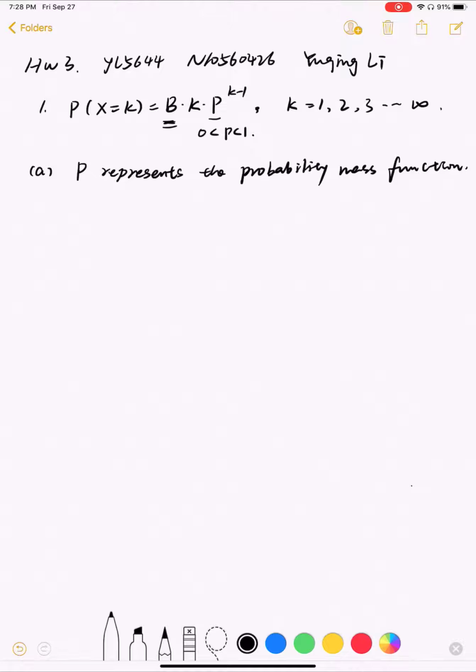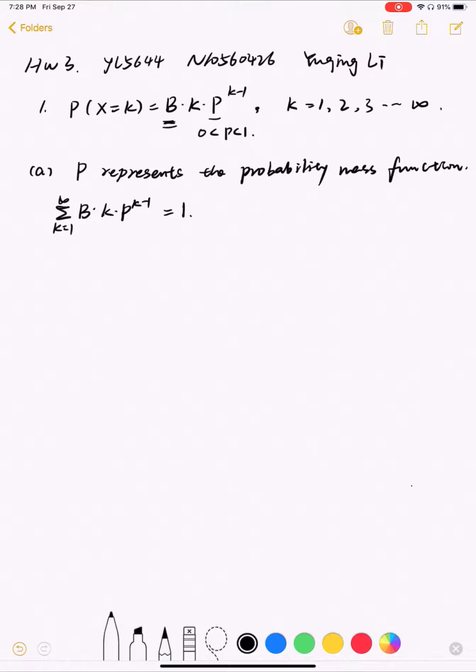We have the information that if we sum this up, k from 1 to infinity, the value is 1, so that the p could represent the probability mass function. We could satisfy the condition.